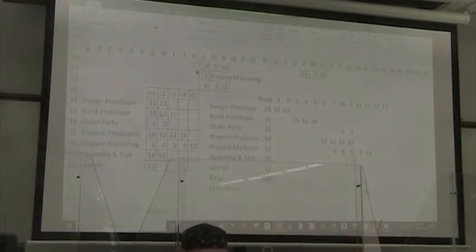So equals G19, put a $sign there. Yes, ma'am.